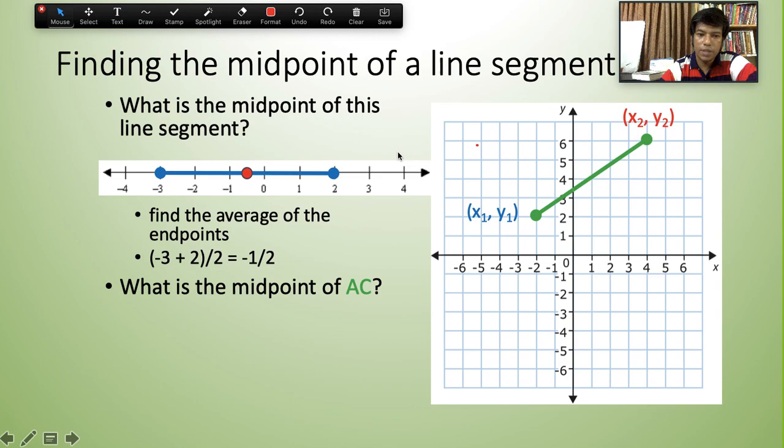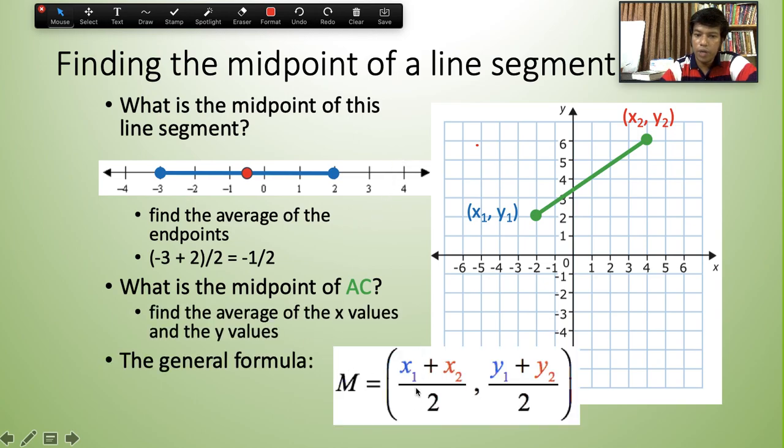Like this, it's an average. To find the midpoint, we do x2 plus x1 divided by 2. It doesn't matter which one you write first, because 2 plus 3 and 3 plus 2 are the same thing. So x1 plus x2 divided by 2, comma, y1 plus y2 divided by 2.